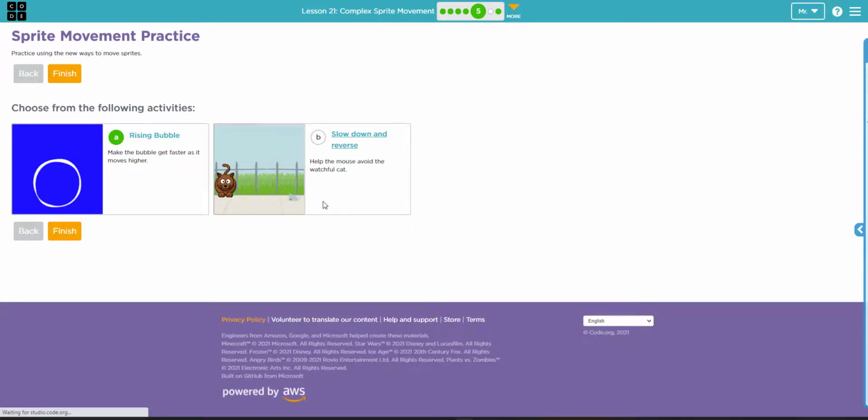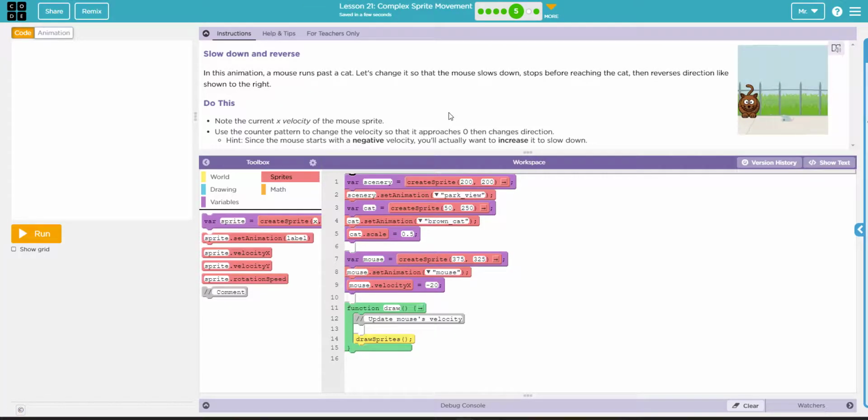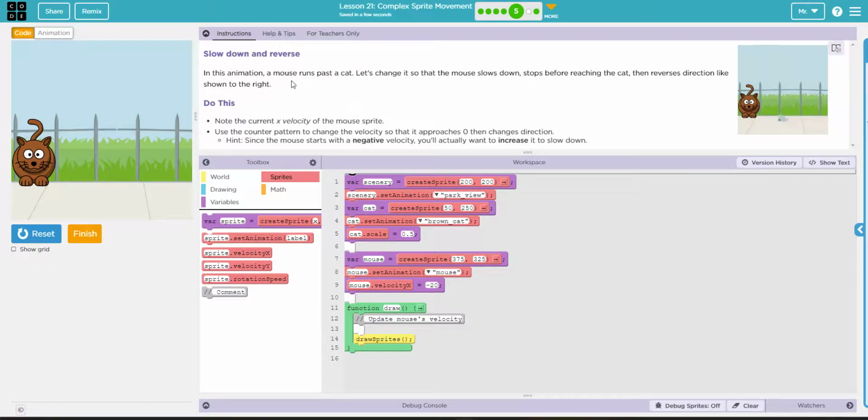Okay, we're going to slow down and reverse. The mouse is running past the cat. So let's change it so the mouse slows down and stops before reaching the cat and then reverses direction. We're going to look at the velocity x block.